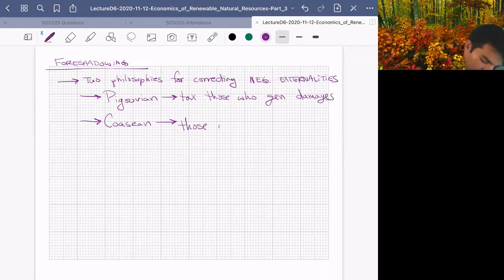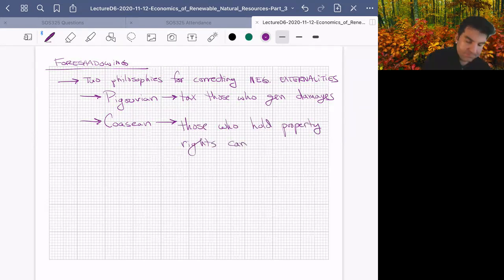those who hold property rights can bargain with others to compensate for damages.